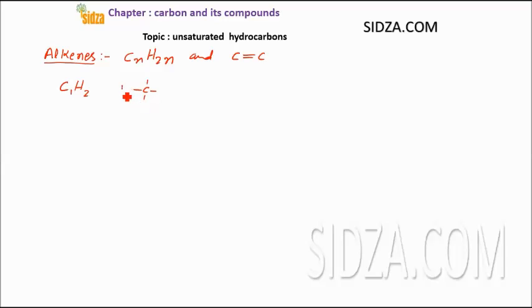But as we know, carbon has a valency of 4, so in a C1H2 molecule the valency of the carbon is not complete; 2 valencies are incomplete. Therefore the C1H2 molecule does not exist. Why? Because it is highly unstable. The valency of the carbon is not complete, so the first member of the alkene family is not C1H2.